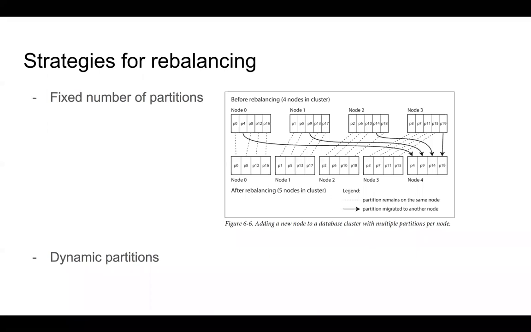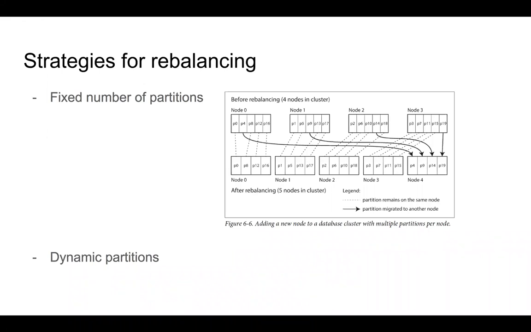So in the fixed number of partitions, another point which the author mentioned in the book is how do we decide how many partitions the cluster would have, because in this strategy I won't be able to change the number of partitions later on. If the number of partitions is a lot, there will be partition management overhead, and each partition would have less data.